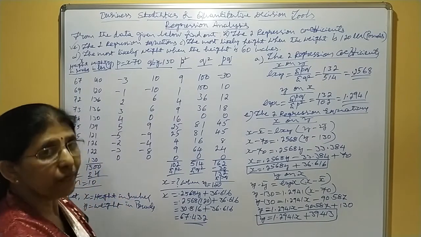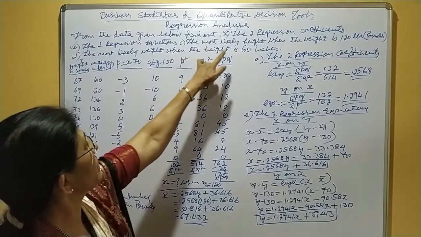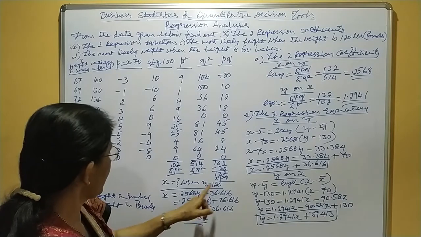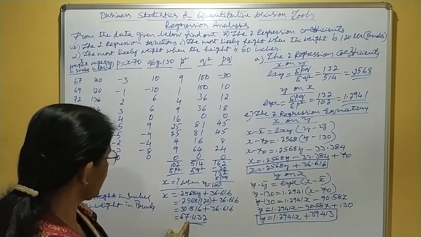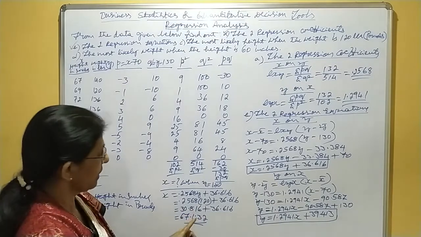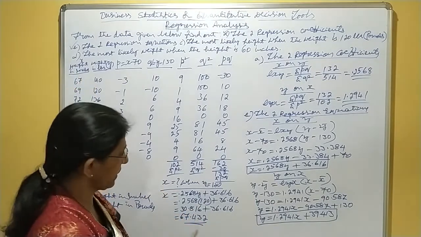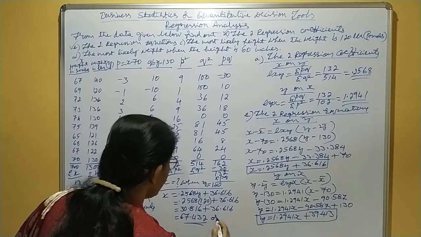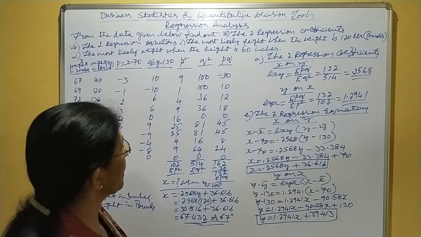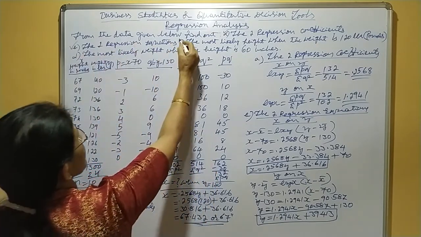That is height, isn't it? That means you have to write the most likely height when weight is 120 pounds is 67.432 inches, or here height is taken in inches, or if you take round figure you may take 67 inches.